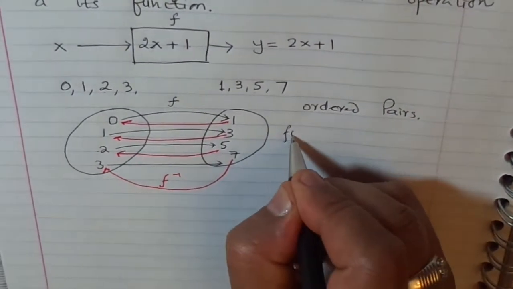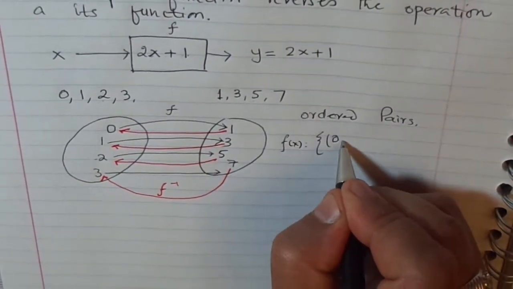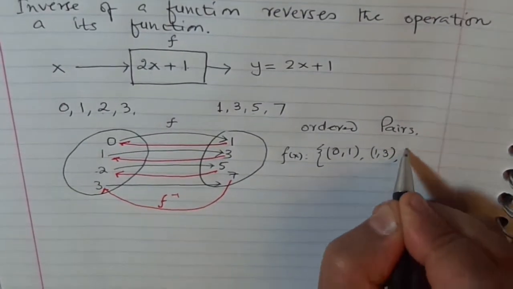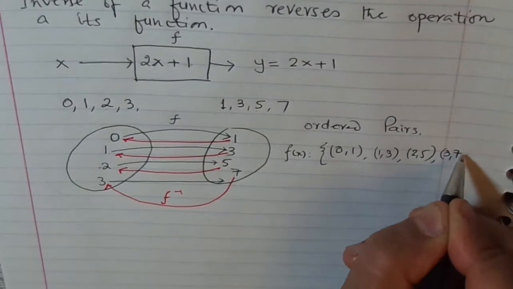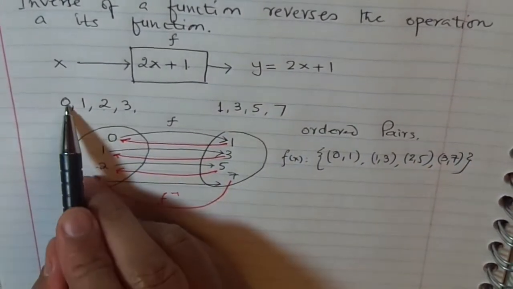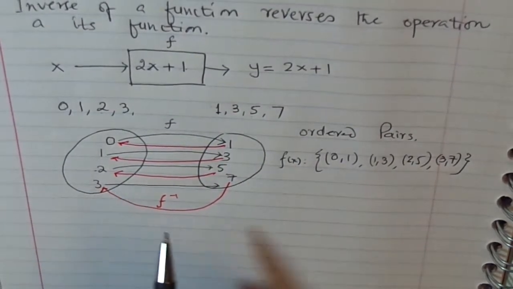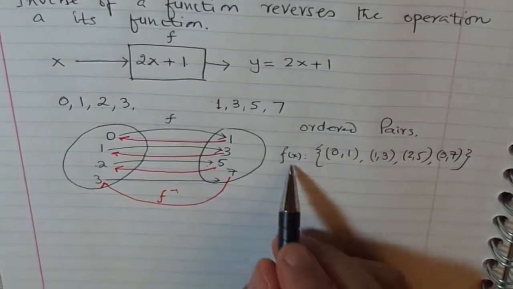For the function f(x), the ordered pairs are (0, 1), (1, 3), (2, 5), (3, 7). 0 to 1, 1 to 3, 2 to 5, 3 to 7. Okay, this is our function.